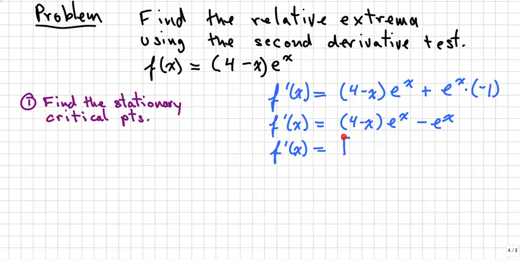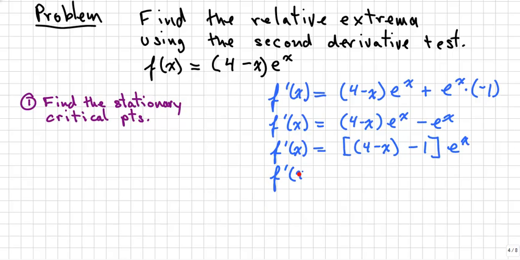So if we factor out e to the x from this, we're going to be left with 4 minus x from here, and we factor e to the x out of minus e to the x, it's just going to be -1. I'm going to write that e to the x factor we just pulled out at the end of that. Okay, and look what happens.